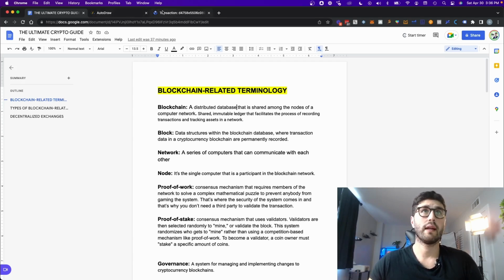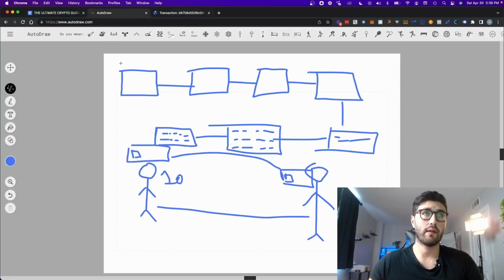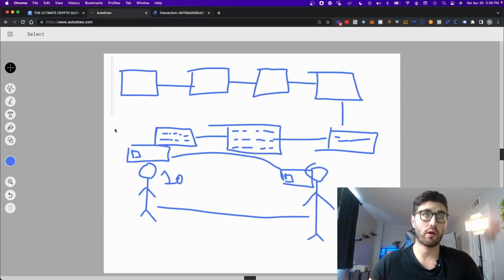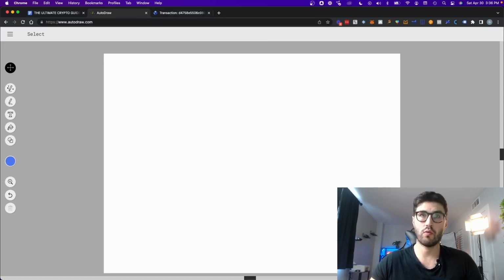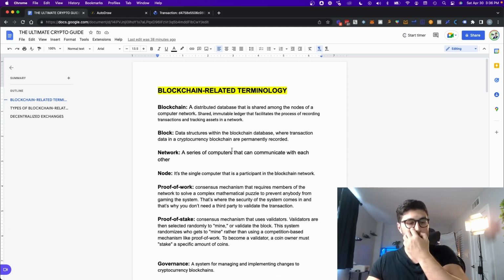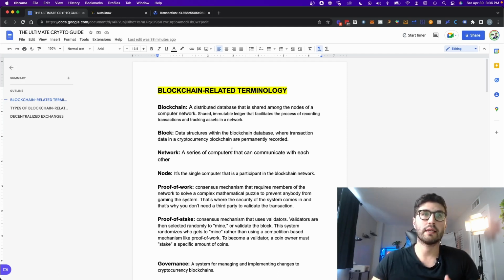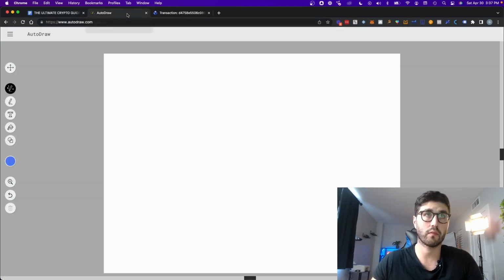So let's go ahead right now and define what a network is, right? Because you will hear the word network all the time. A network is basically a series of computers that can communicate with each other, okay?